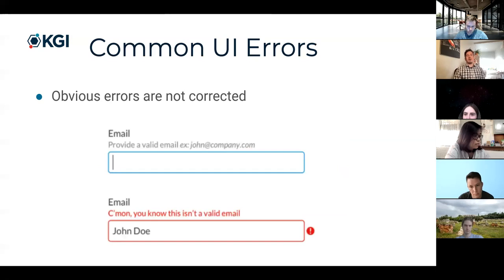Another reason for user interface errors is that obvious errors are just not corrected, right? So it's like, if I put John Doe as an email and it lets me submit, then that's sort of a problem with the system. It should know that, come on, if there's no @ sign, there's no dot, it's not an email. If there's spaces, that's not an email.